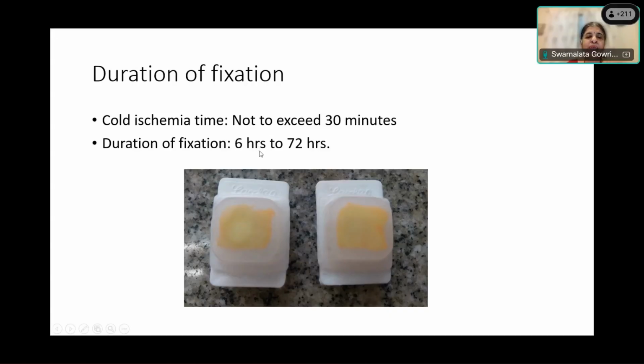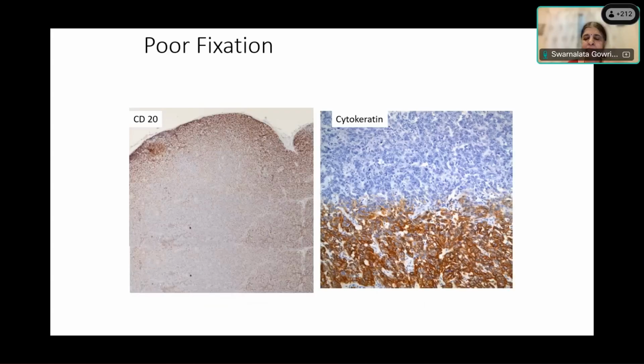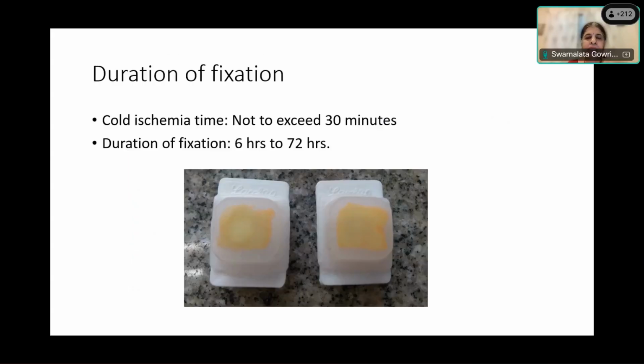How long should you fix them? I told you they penetrate about 4 millimeters per hour, but the recommendation is you fix for a minimum of 6 hours. So do not be hurried by the request of a surgeon for an urgent report. The tissue comes at 4 o'clock. Don't be in a hurry to start the processing at 6 p.m. or so.